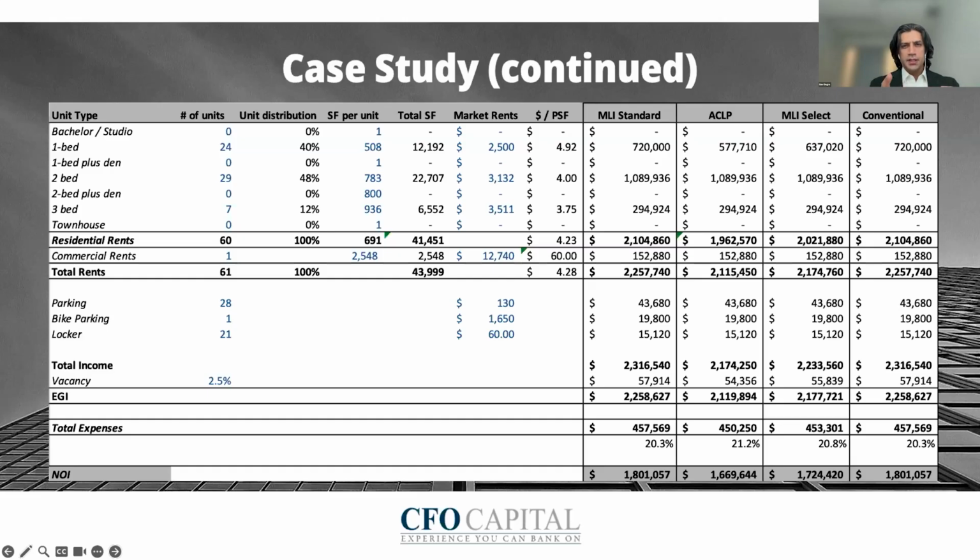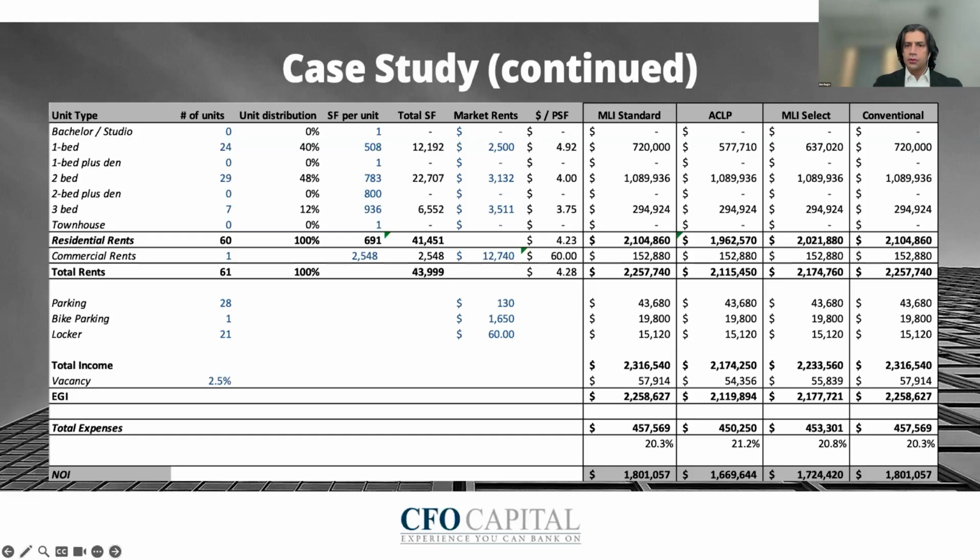Right off the bat, you can see that the ACLP number is trailing everybody else in the 1 bed. So $720,000 being what this developer believed could be earned for their 1 bed unit, but ACLP limiting you to 30% of the units at 20% of the median household income was bringing that number to $577,637 for MLI.